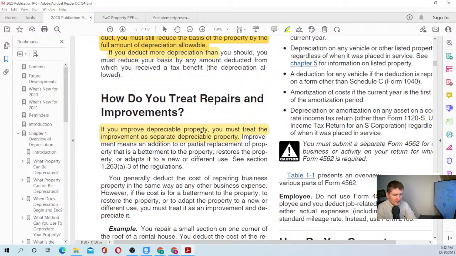If you improve depreciable property, you must treat the improvement as separate depreciable property. So if it improves, remember in accounting a few days ago we had a conversation. If you improve the capacity of the assets, if you improve the asset, or if you increase the useful life of the asset, you capitalize the repair. If not, you just expense it.